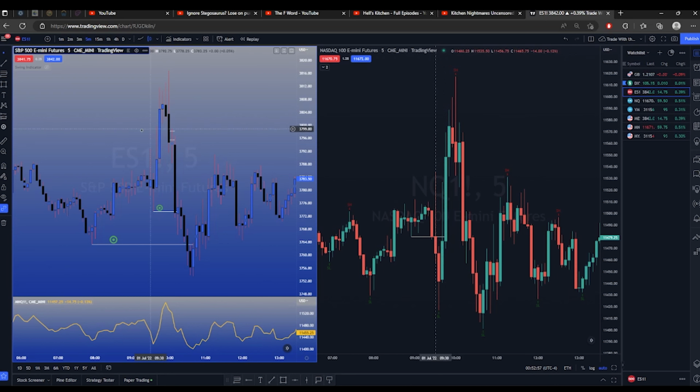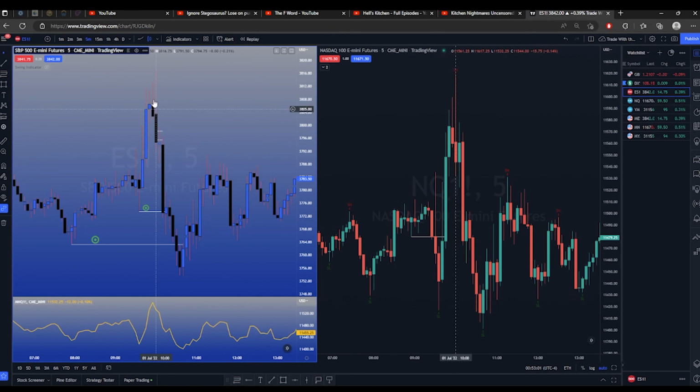Equities open, but as you can see, there's no real divergence play here. They're virtually the same. If you look at it, this high is higher than this high. If you look on NAS, it's the same thing. This high right here is higher than that high.